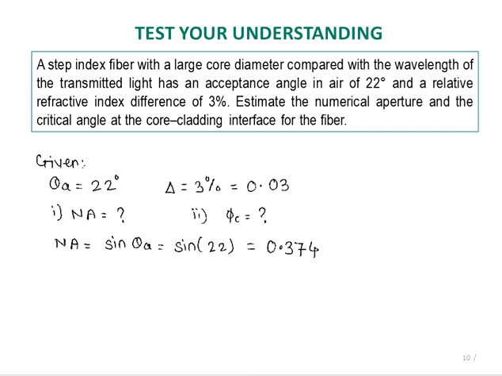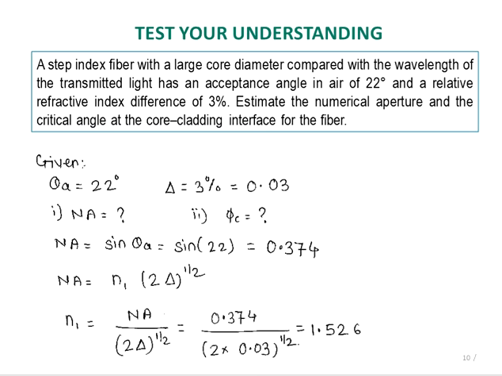Now to find the critical angle, we need to find the values of n1 and n2. For that we can use delta. We know the relation between NA and delta as n1 (2 delta) raised to 1 by 2. From this we can easily find the value of n1. It is NA by (2 delta) raised to 1 by 2. So we got the value of n1.